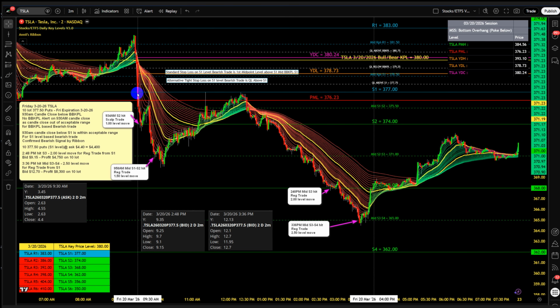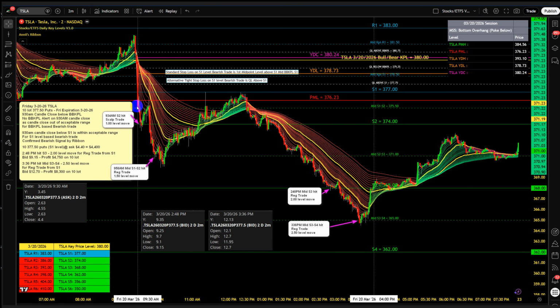So what this candle is, though, is a bearish trade off of the S1 level, because it still is within the acceptable range of the S1 level. As it is closing here slightly above the midpoint, so that is more like in the 46 to 48% range. The acceptable range filter, the max setting, is the default setting, and that is 85%.